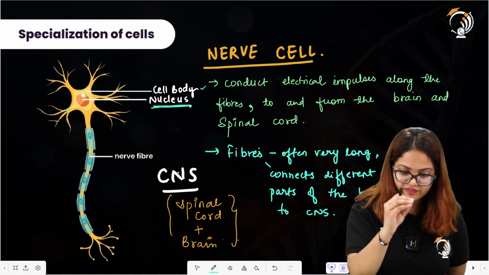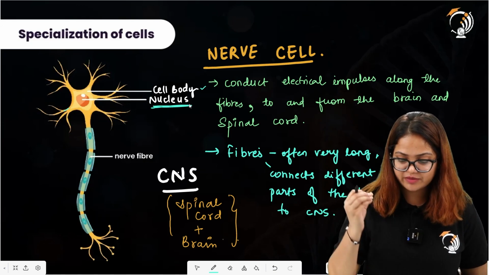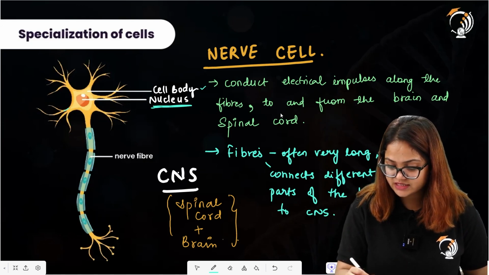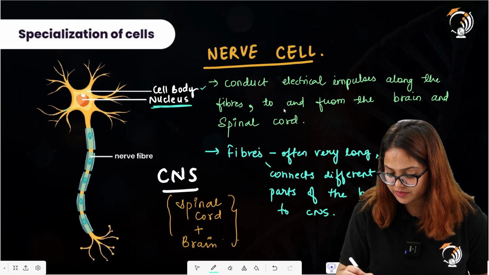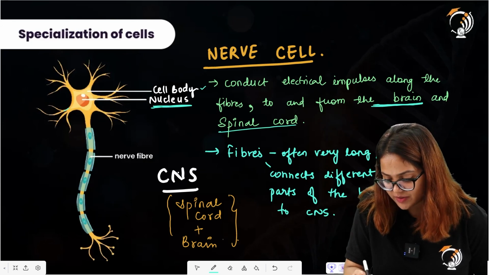We have the nerve fiber that serves the function of conducting the nerve impulses, or you can say electrical impulses, and this carries the electrical impulses to and from the brain and the spinal cord.